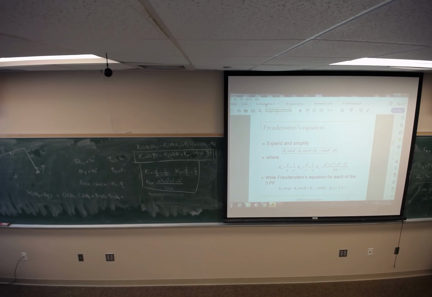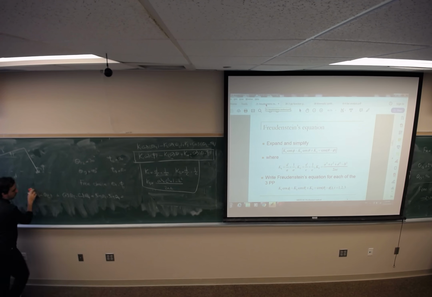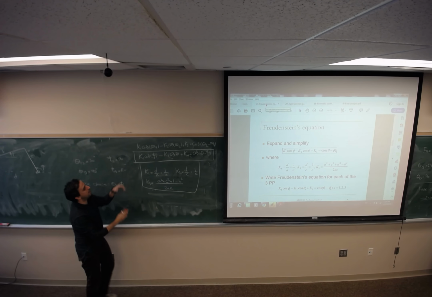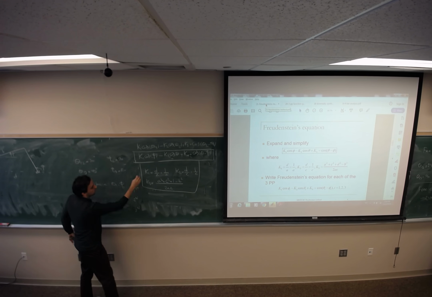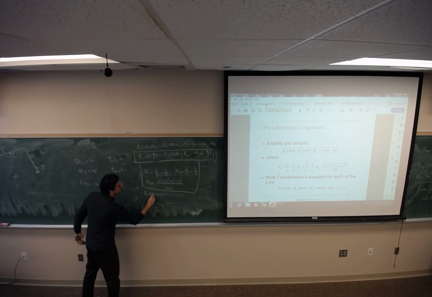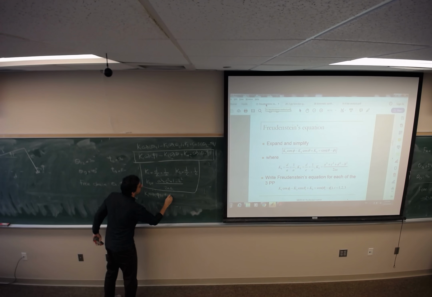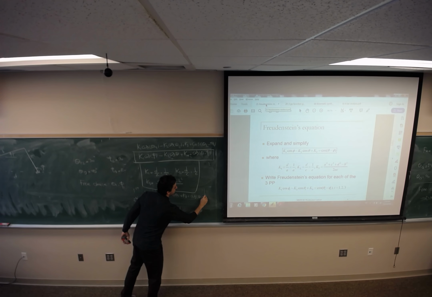Now, it's three precision points. This equation should be valid for the first precision point, second precision point, and third precision point. So for the first one, the equation is K1 cosine of phi1 minus K2 cosine of theta 1 plus K3 equals cosine of theta 1 minus phi1.